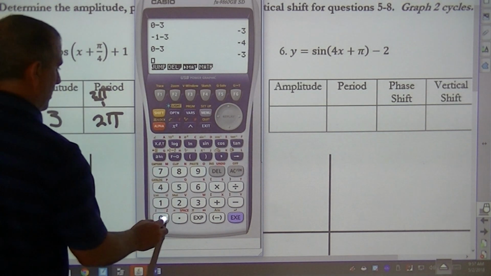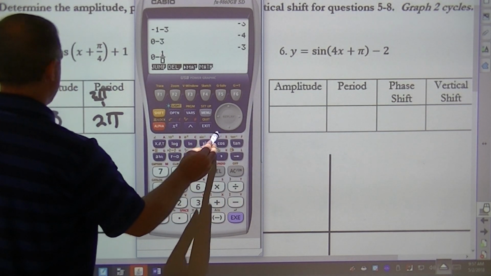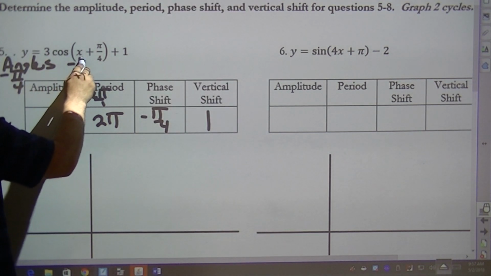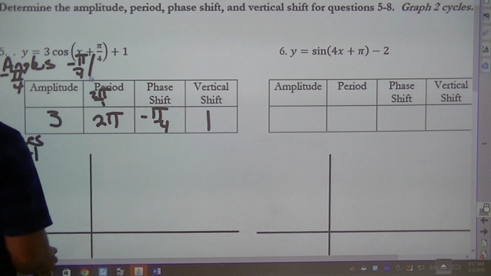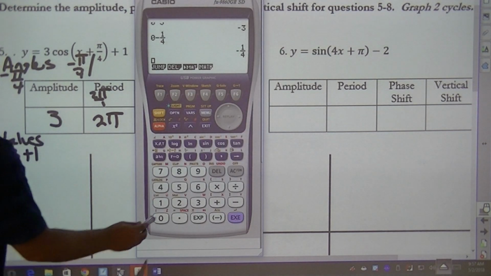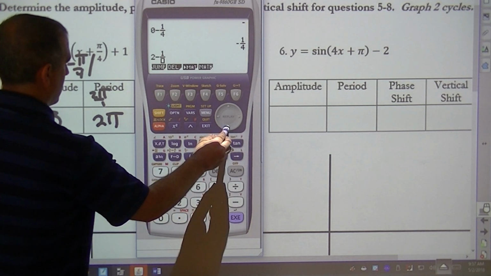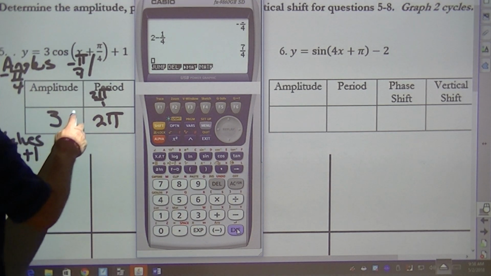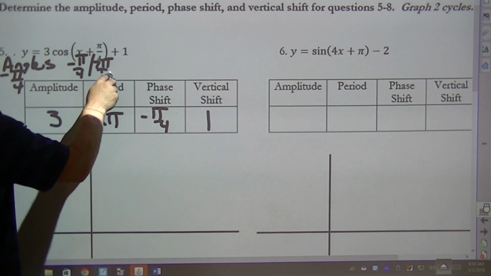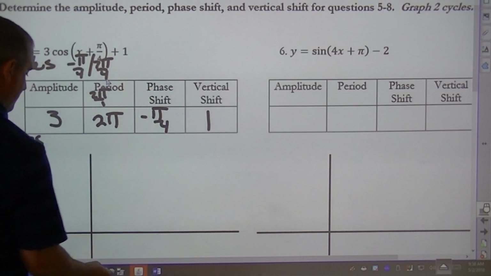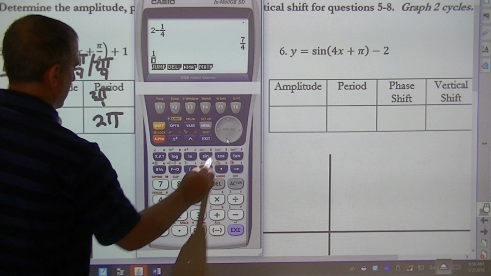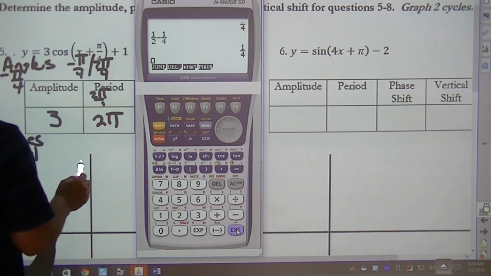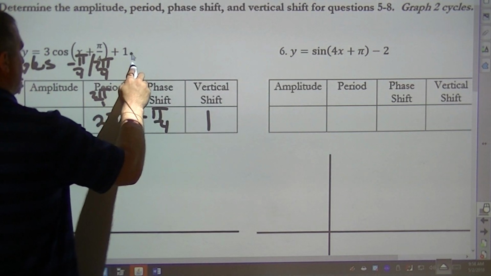Okay? So 0 minus 1/4 is negative 1/4 pi, or negative pi over 4. And then 2 minus 1/4 is 7/4 pi. Then I'm going to have a half minus 1/4, which would be 1/4 pi, or pi over 4.